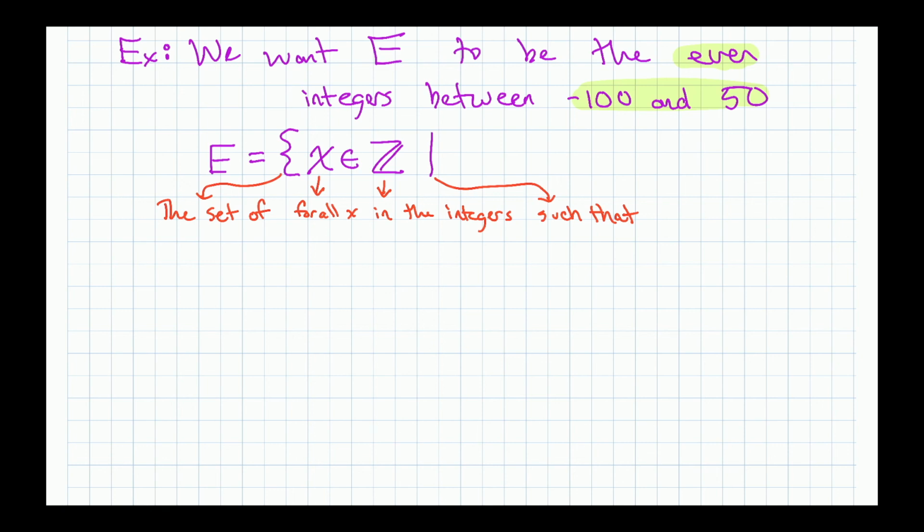So how would I say that? Well, you can just say it in words. Just say x is even, and x is supposed to be between negative 100 and 50. So you say negative 100 less than or equals x less than or equals 50.